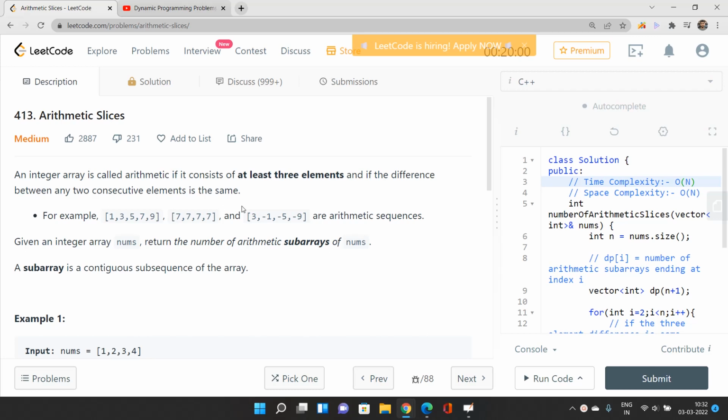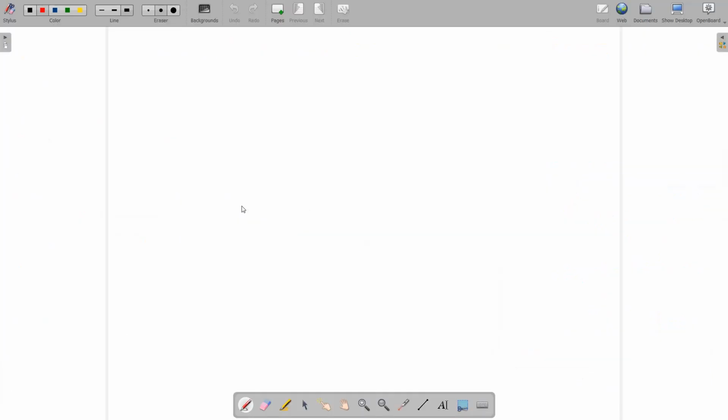Suppose you have an array a, b, c, d containing four elements. Then this array is arithmetic only when its length n is greater than or equal to 3, which is true since 4 is greater than or equal to 3, and the consecutive element differences are the same.